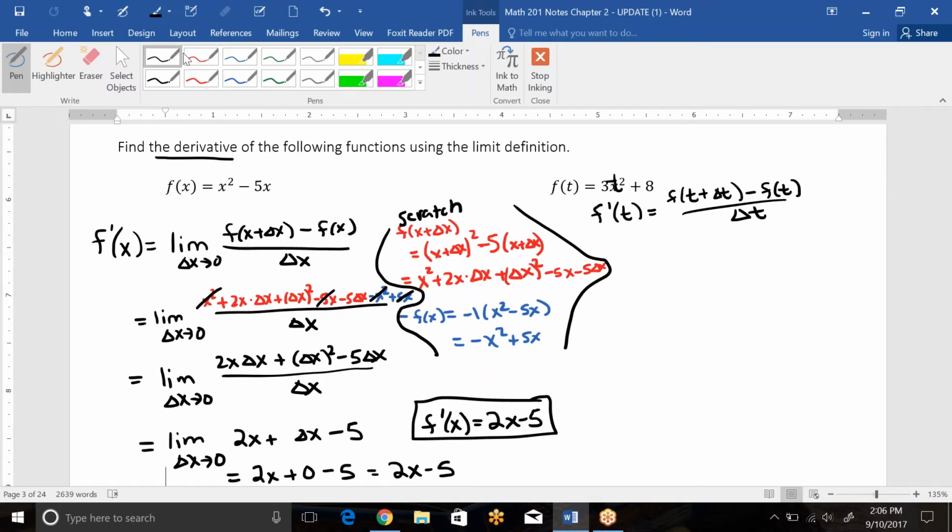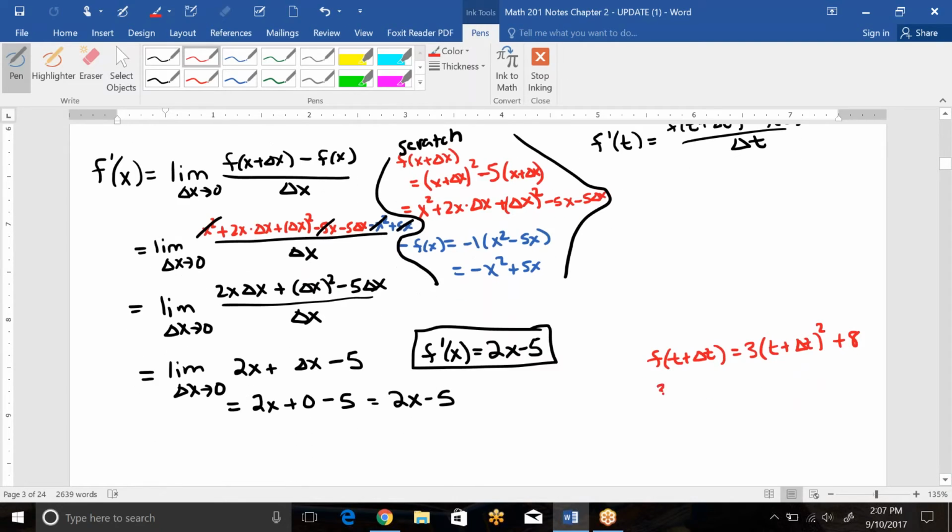So then when we do our scratch work, I'm going to have to come down here to do the scratch work for this one. So f of t plus delta t would be 3 times t plus delta t squared plus 8.